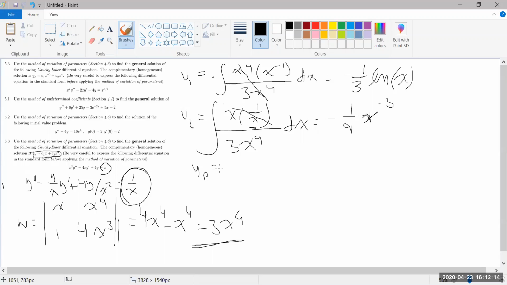So yp is going to equal -1/3 ln of x. Actually, let's write out our general solution since we can.